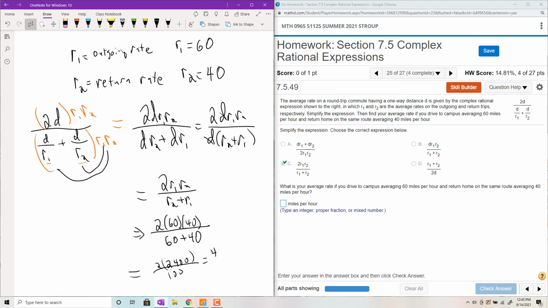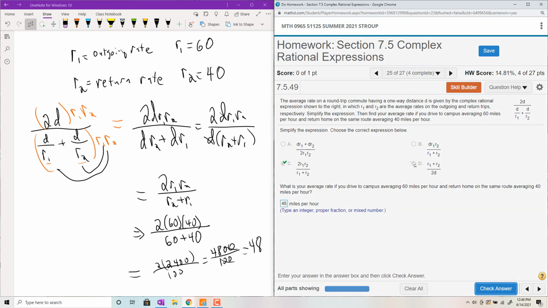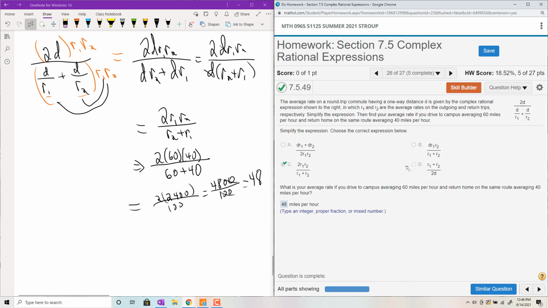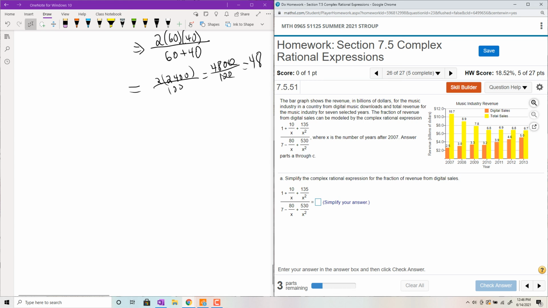So 4800 all over 100, and then divide, I think that's 48 miles per hour. We have a whole section dedicated to the story problems coming up. Not too far in our distant future.